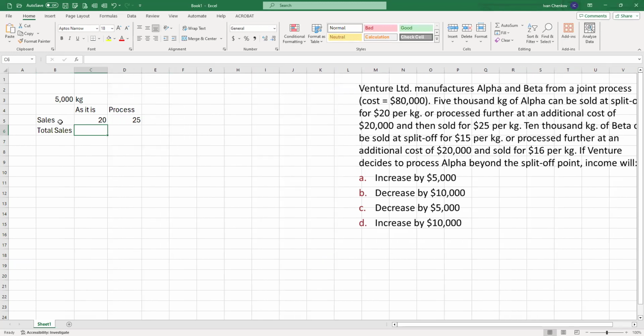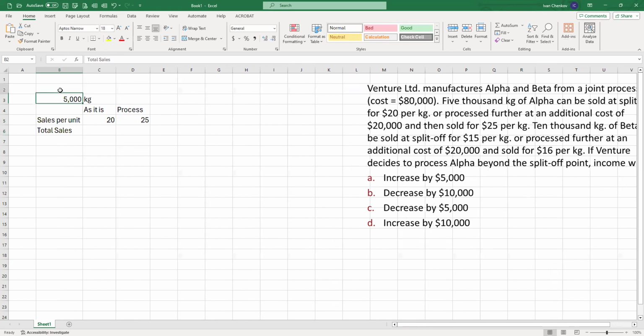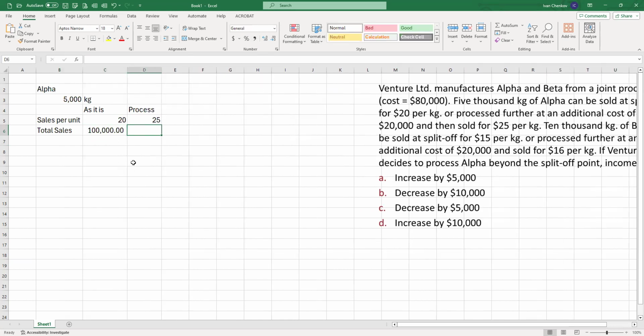Now, can we get our total sales first? We know the sales per unit, correct? That was for alpha, right? The total sales will be equal to 5,000 times 20, which is $100,000. Here we're going to get 5,000 times $25.